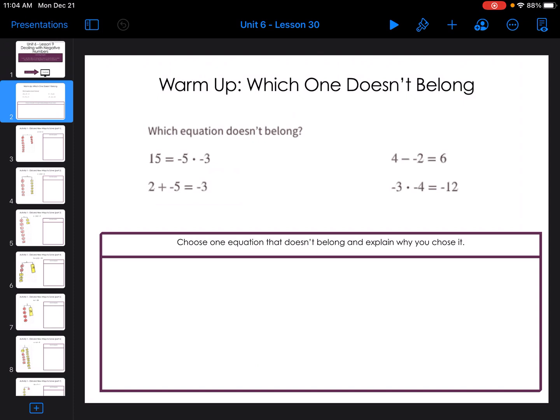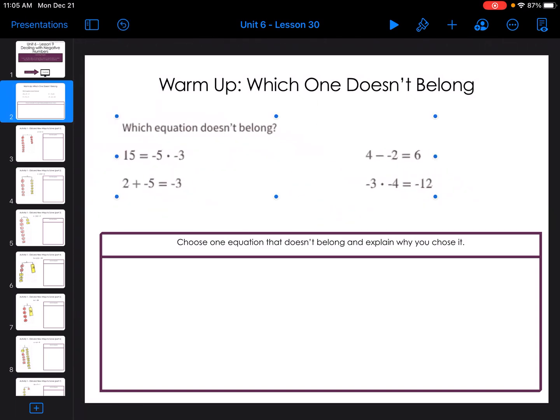All right, so which equation doesn't belong? So when I look at them, I automatically see this one. It's the only one that uses subtraction.